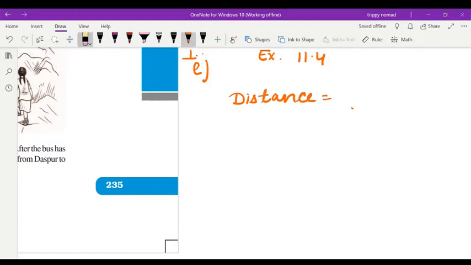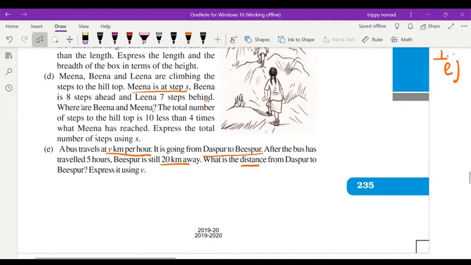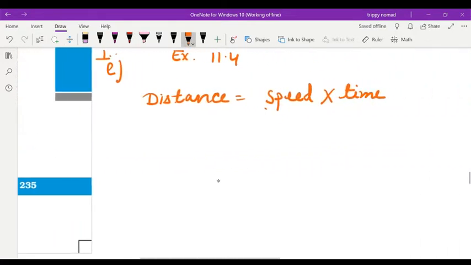Distance is equal to speed into time. And here in the question, what is the speed? V kilometer per hour. In how many hours he traveled? 5.